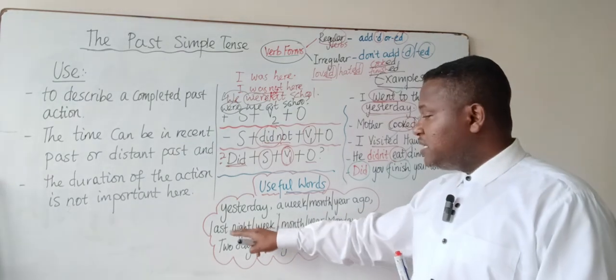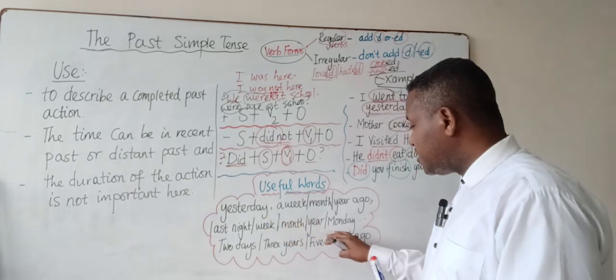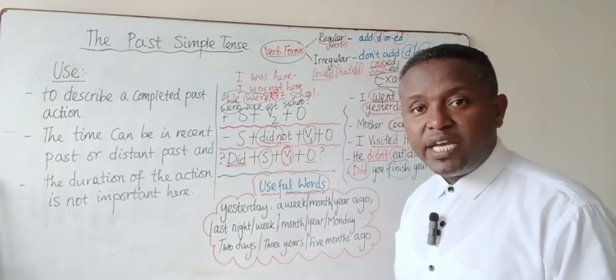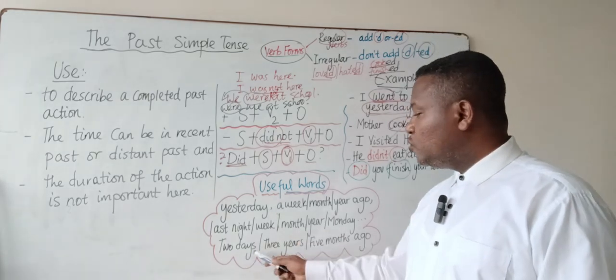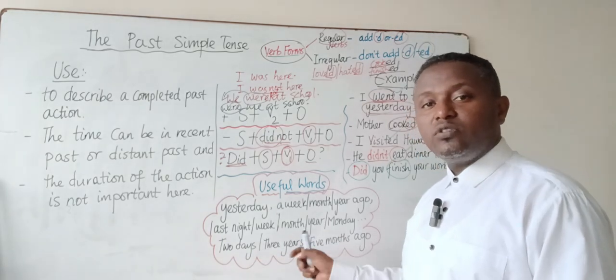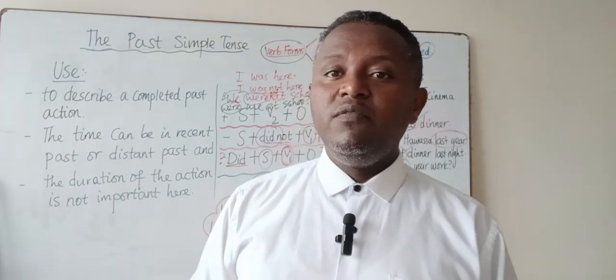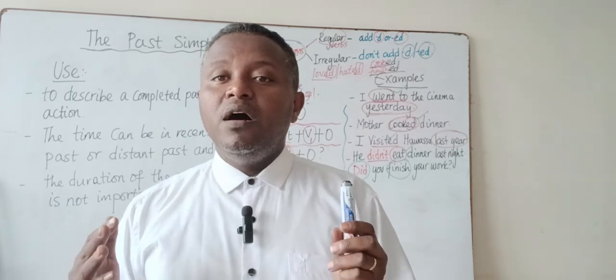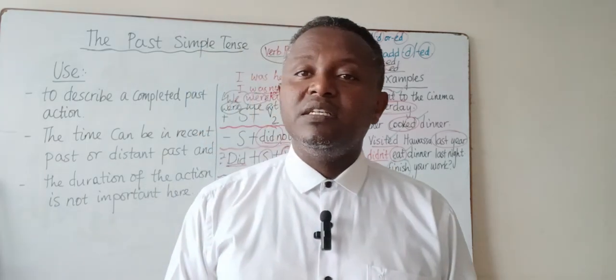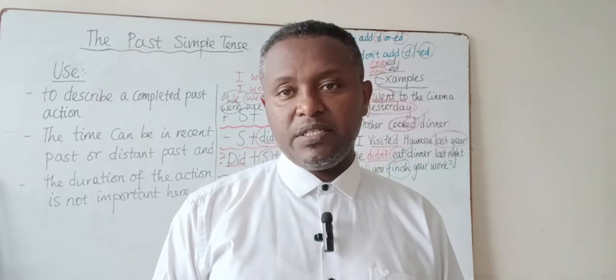Last night, last week, last month, last year, etc. Or last Monday, last Tuesday, last Sunday, last weekend, etc. And 2 days ago, 5 months ago, 3 years ago, etc. These are phrases we use with ago. All of them show that the time is past and we use past simple structure.